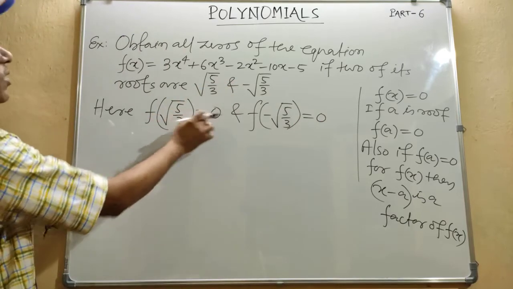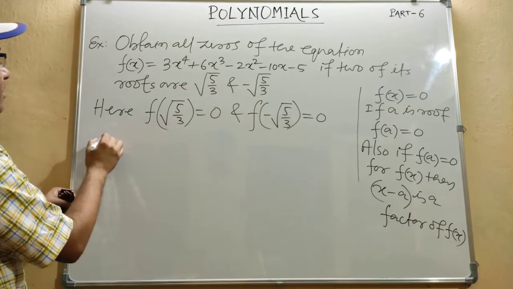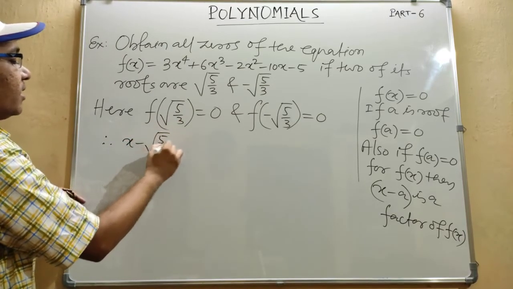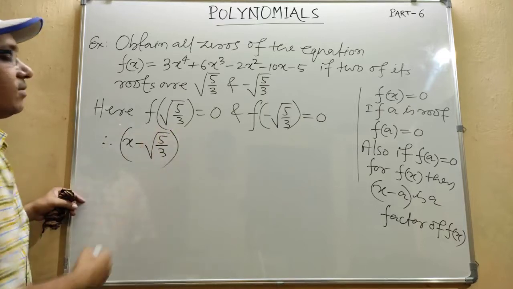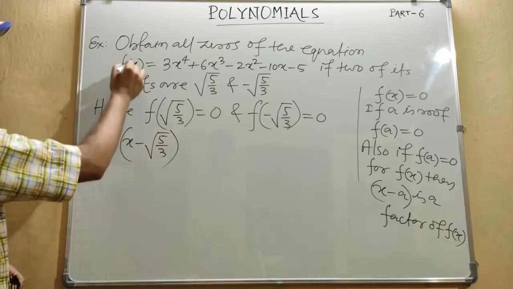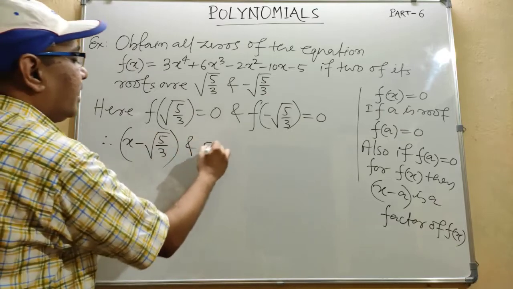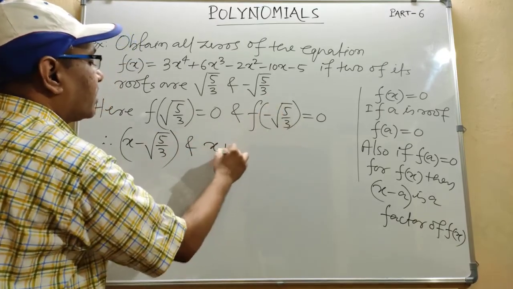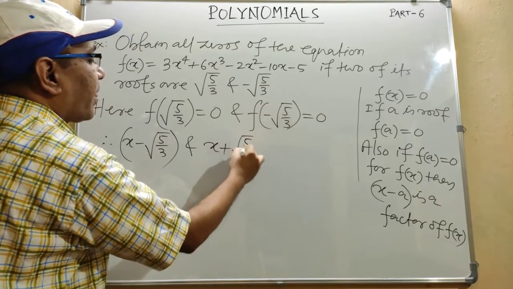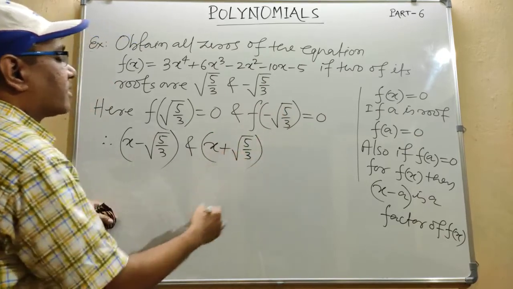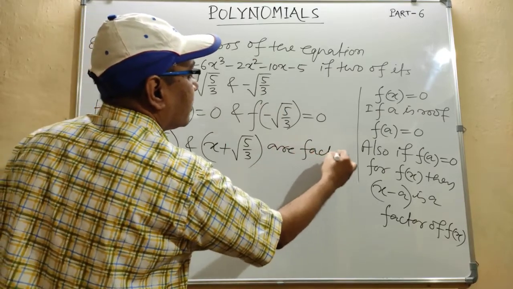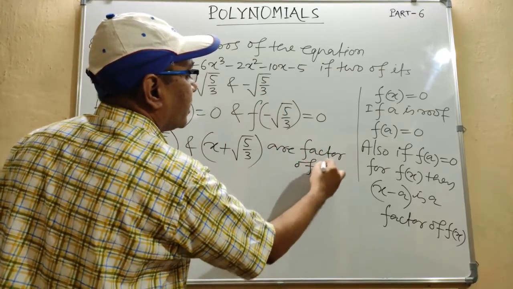And if f(a) = 0, then x − a is a factor of f(x). So here x − √(5/3) is a factor of f(x), and x − (−√(5/3)), that is x + √(5/3), are factors of f(x).